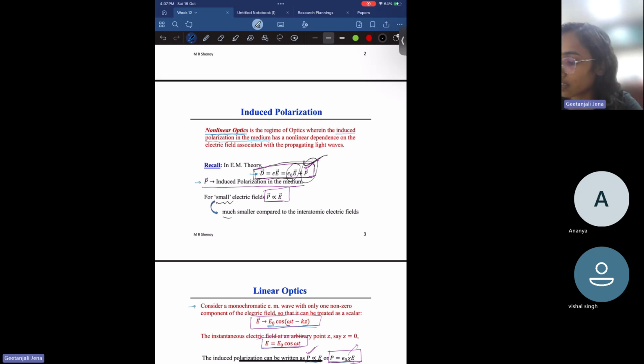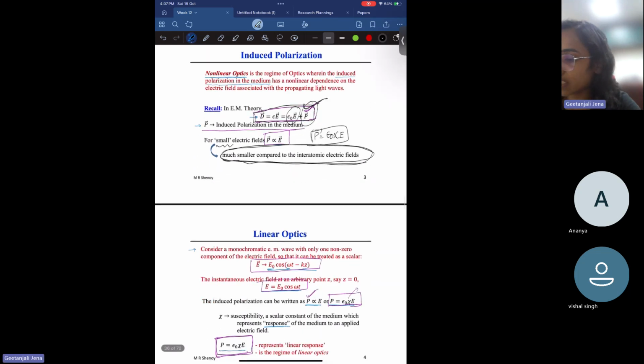So for a small electric field, the polarization is directly proportional to the electric field, or you can write it as P equal to epsilon chi into E for a linear material.